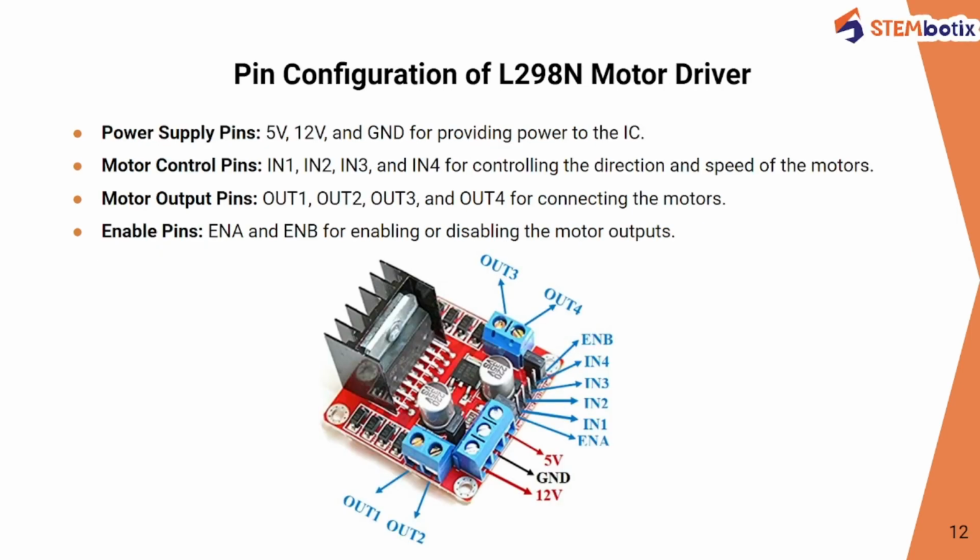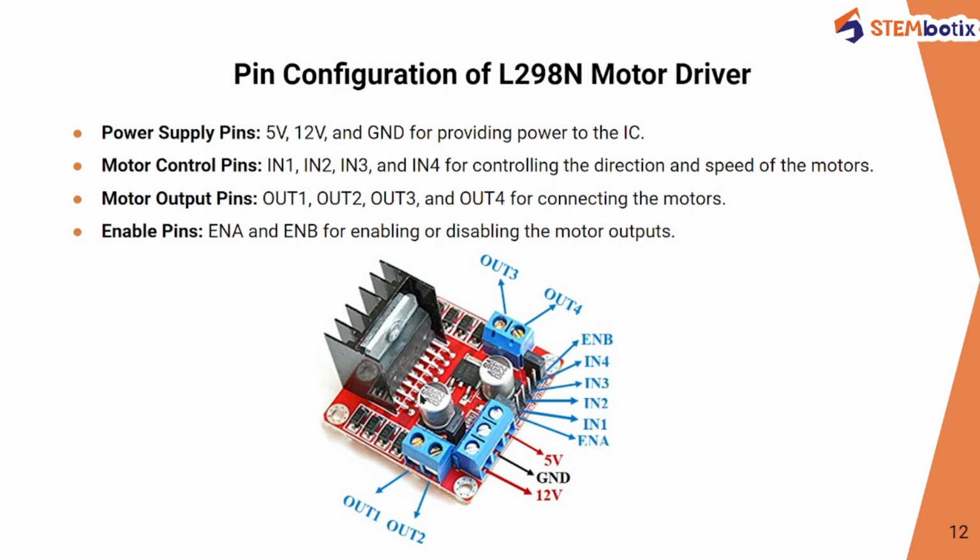Now let us see the pin configuration of the L298N motor driver. On the motor driver, you will be able to see different configurations, particularly this, this, this, this, and this too. Also these four.